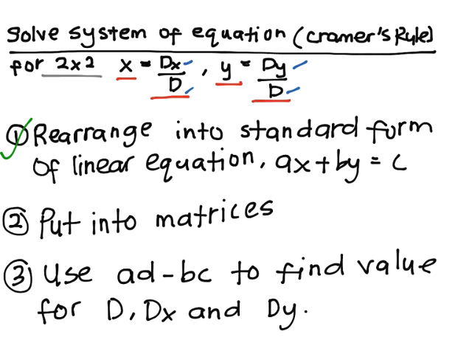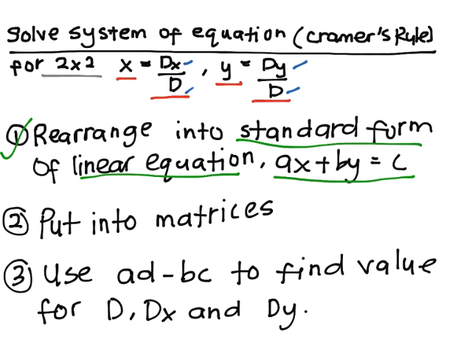So always rearrange our linear equations into the standard form, which is ax plus by equals c, which means all the values of x and y should be on the left side. On the right side, only the value without the variable. So that is the standard form of a linear equation.